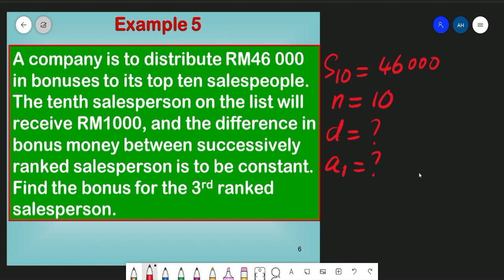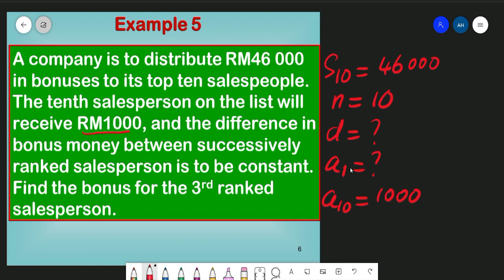We have one more piece of information, this 1,000. That is the bonus that will be given to salesperson number 10, that is a10. He will get 1,000.